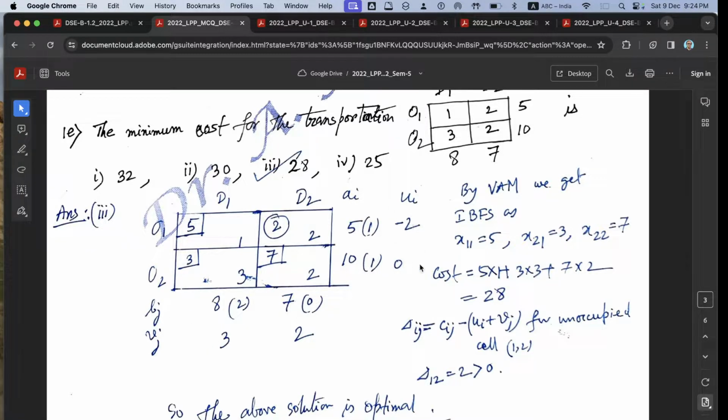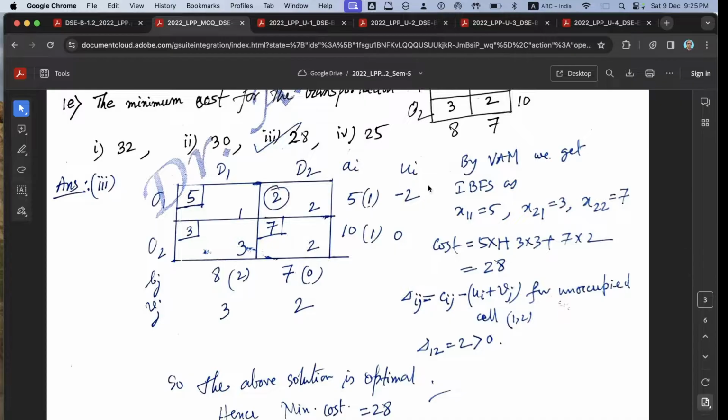So ui is the row with maximum allocation. Put ui equal to 0, and then we write 3 and 2 for the values of Vj. For this allocation, ui is 3 minus 2 equal to 1, and this is minus 2.